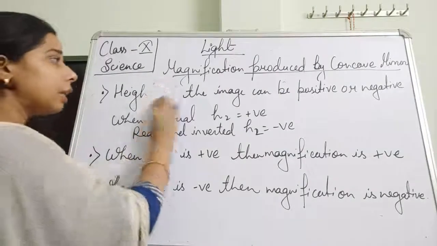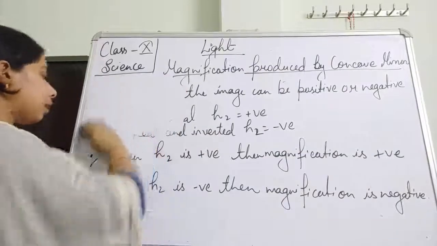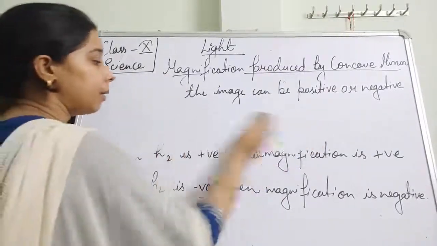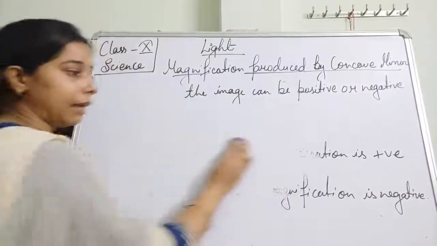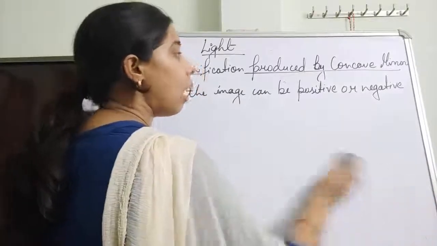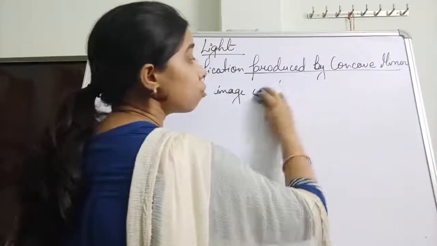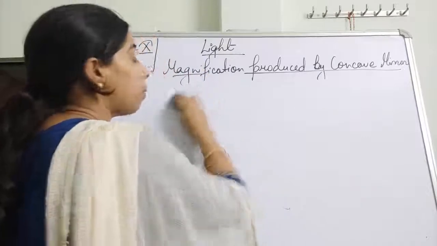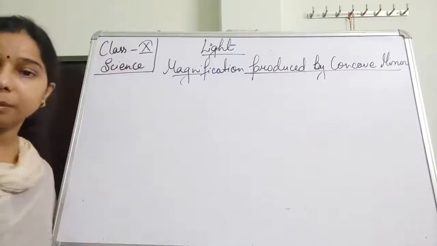Is there any other method? Yes, students. Suppose the height is not given and we do not know its value, so how can we find the magnification? We can also find it with the help of the object distance and image distance.